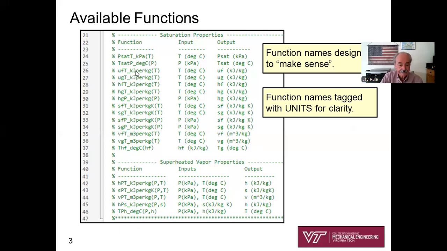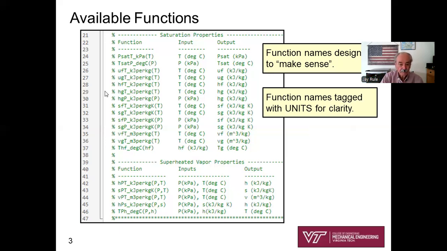So do recognize that all my function names, both SI and similarly in the English system, are tagged with underscore units for units clarity, which is critical for this type of collaborative work, right? It's terrible to blindly use someone else's work, to leverage that work and get some results out of it to save you time, but having no idea what it means, no idea what the units are.